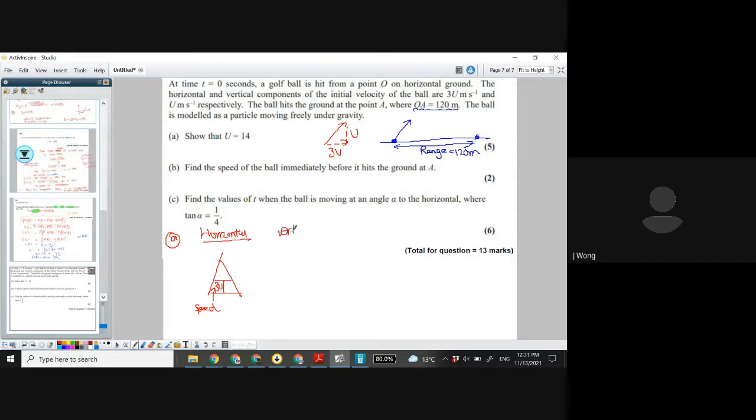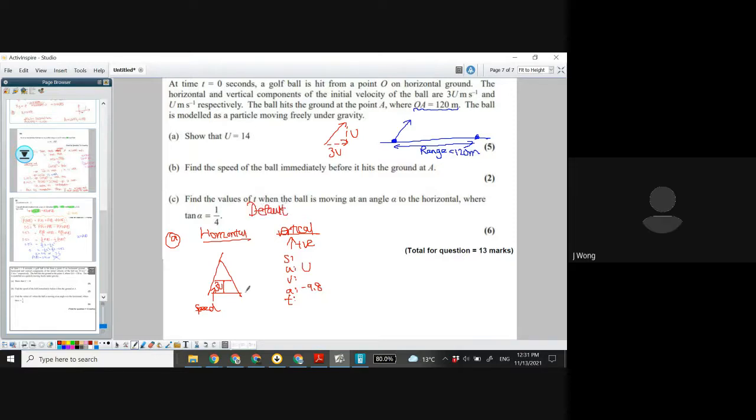Then in the vertical dimension, initially we're moving upwards, so you could take up as positive. For SUVAT, the default things we could fill in are the initial velocity, which is capital U, and a, which is minus 9.8. These are the default things, so I'm going to put them in red.